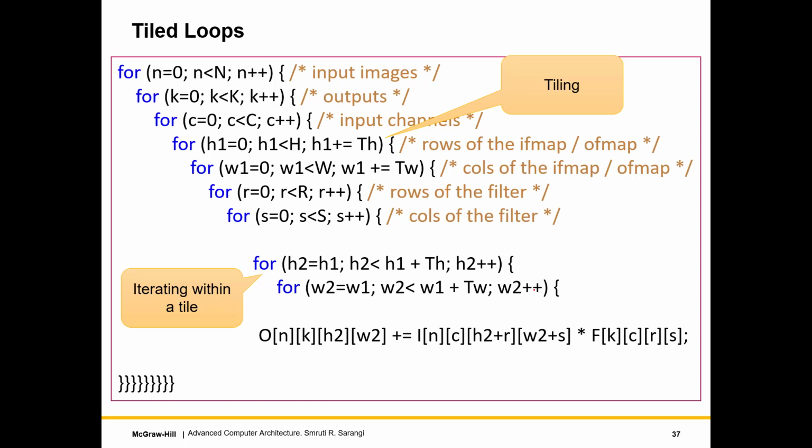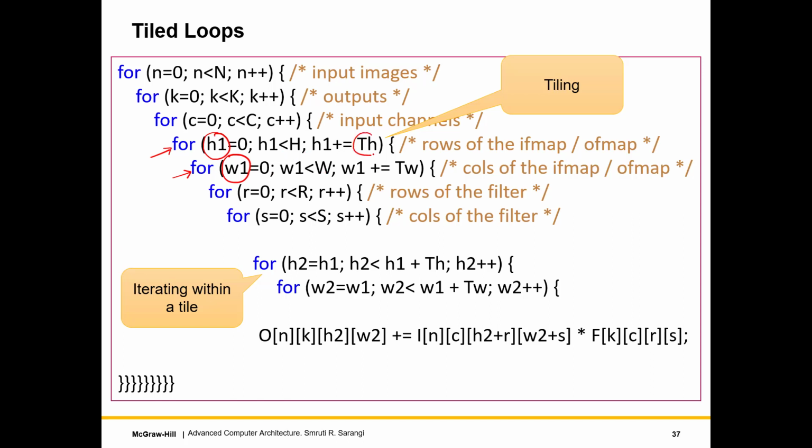Tiling is explained in a reasonable amount of depth and detail over there. If I were to tile, my 7 loop structure would actually become a 9 loop structure, and everything remains the same. The only modified lines are these two. In the previous case, we were increasing by +1, but now we define two new iterators h1 and w1, which go from 0 to capital H and 0 to W respectively.